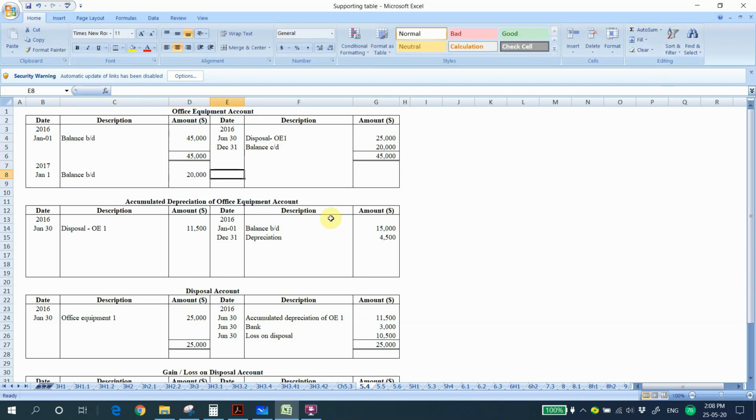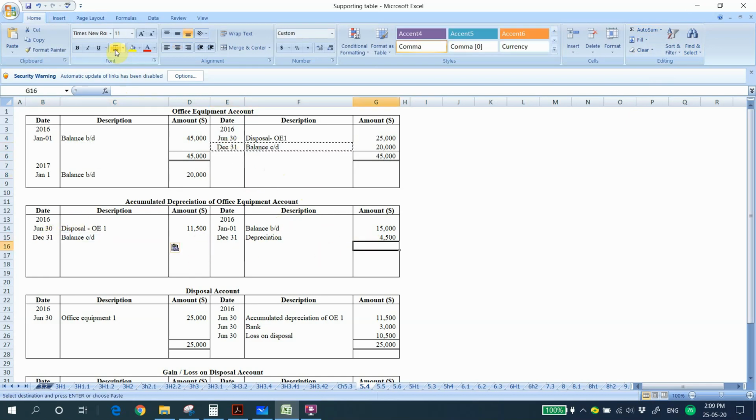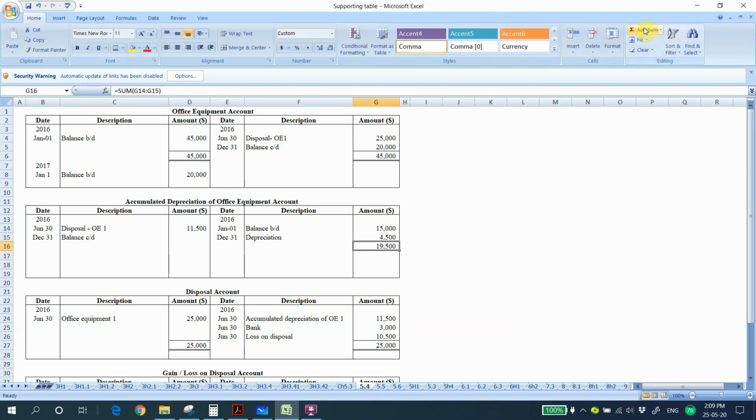And for accumulated depreciation account, similarly, we close at the lower side. The closing amount is 19,500. So the balance is 8,000.